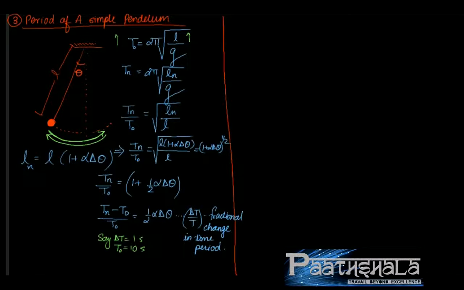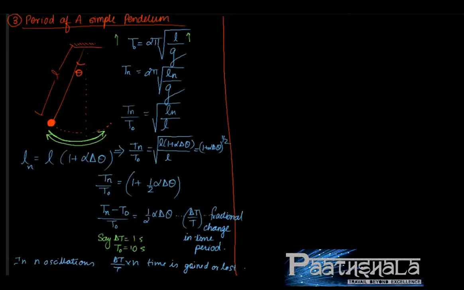So that brings us to the concept of how much time is gained or lost in n oscillations. So in n oscillations, delta t by t into n is the time gained or lost. That is what we did now.